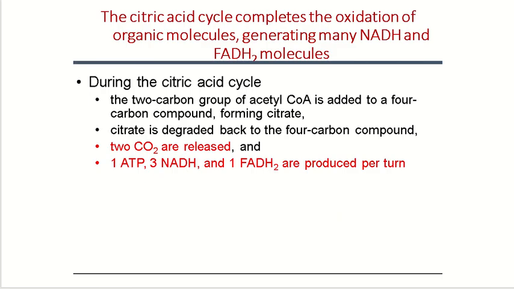So at the end of the citric acid cycle, you have 2 carbon dioxide molecules released, 1 ATP, 3 NADH, and 1 FADH2 per turn. Technically, these are the products per acetyl coenzyme A.